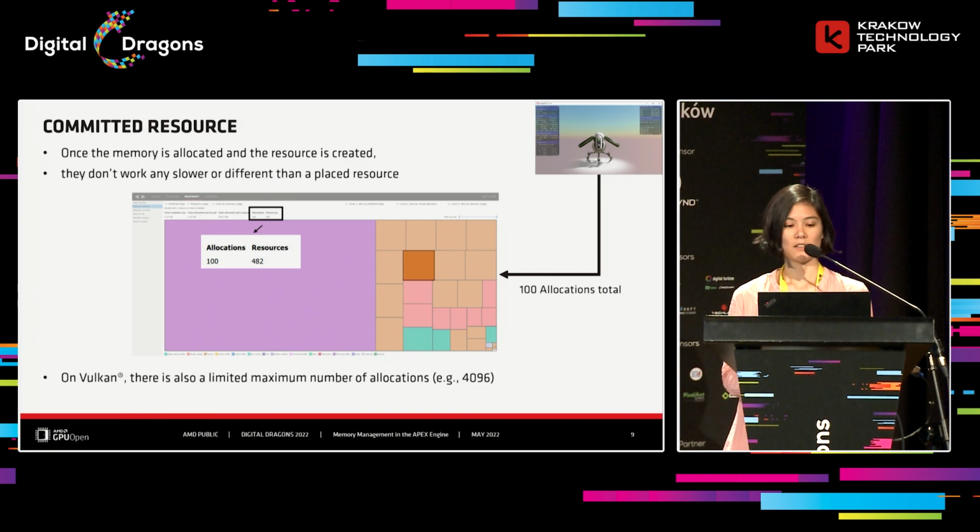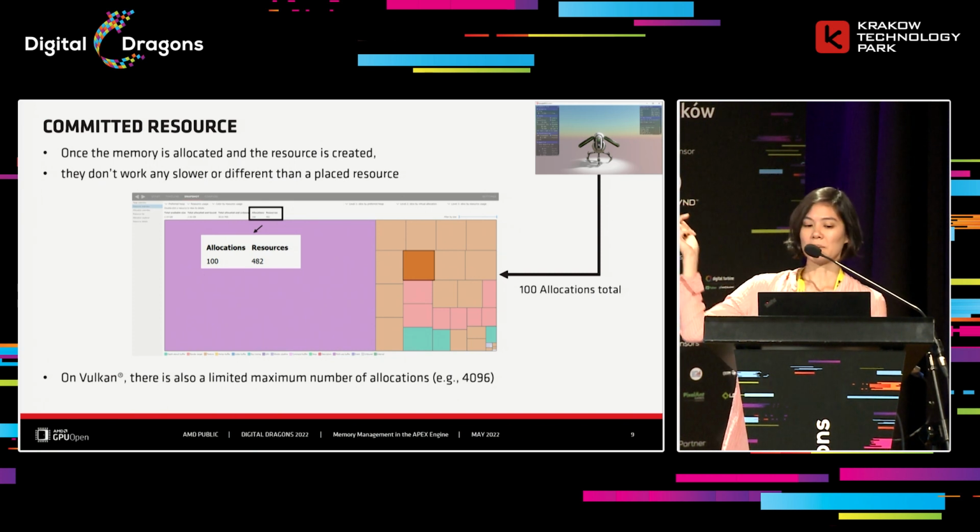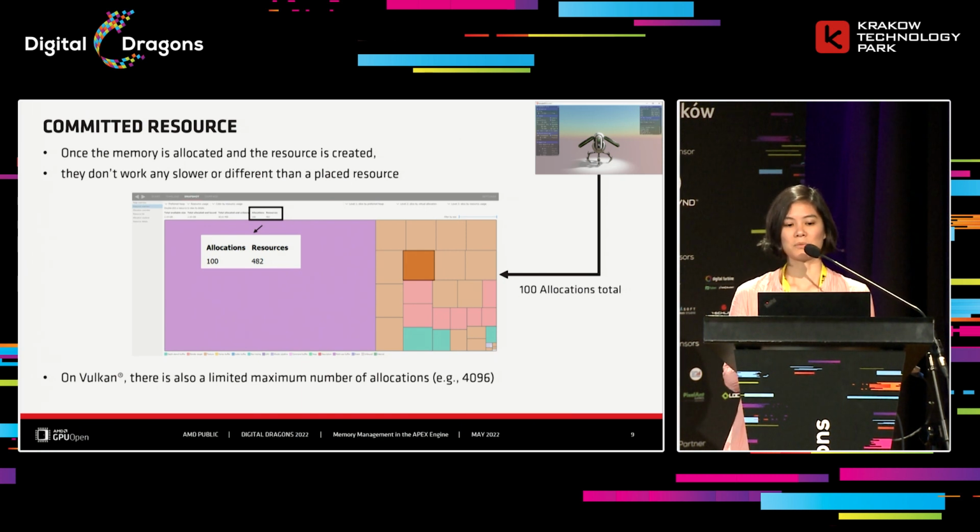If you see the small application in the corner, it's just a flying drone. So it's really not a lot. I mean, it's just a sample application. But the sample application is done with only committed allocations, committed resources, and it already has 100 allocations. And now just imagine if you have a full game only using committed resources, so you're hitting this limit quite soon.